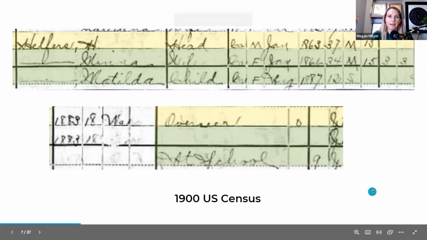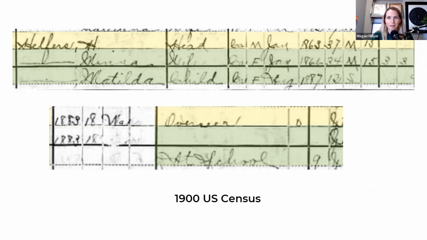Okay, so I'm going to show you how I did this with Georgette and then how you can do this with your own ancestor. So here is where I found her second great grandparents living in Hawaii in 1900. You can see here's H. Helfers, Mina Helfers, and their daughter Matilda. That was her great grandmother.